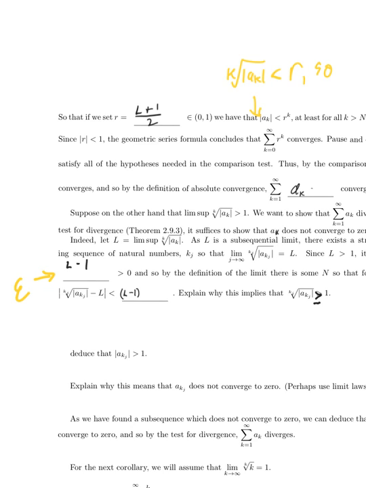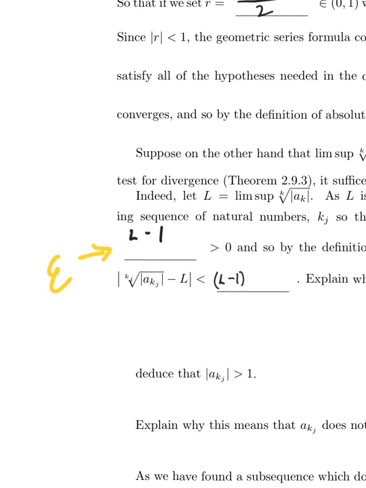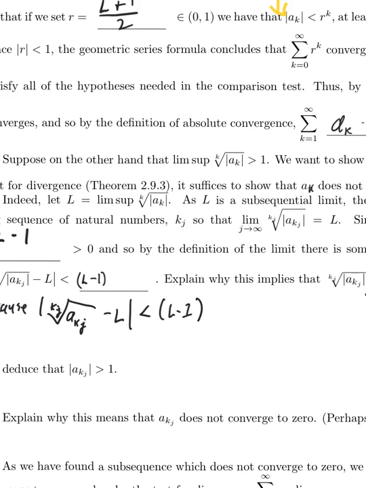Well, neat. So let's just try to do it. I guess that means I want to solve for this quantity. So you know what I'm going to do. Whenever you see an absolute value less than something, because the absolute value of the k sub j root of a sub k sub j minus L is less than L minus 1, I'll leave myself space in case I want to change it.